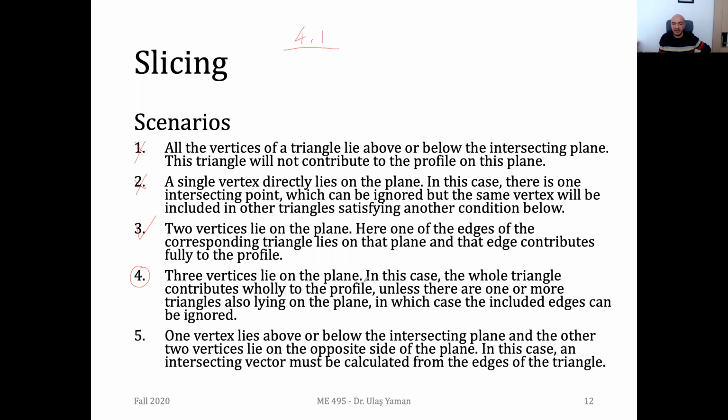In 4.1, we are saying that the whole triangle will be contributing to the profile wholly. And if you remember, this is the main thing about the fourth case. The three vertices are lying on the plane. So we can say that we have a kind of a tetrahedron. This is a tetrahedron, guys, and this is the top surface, okay?